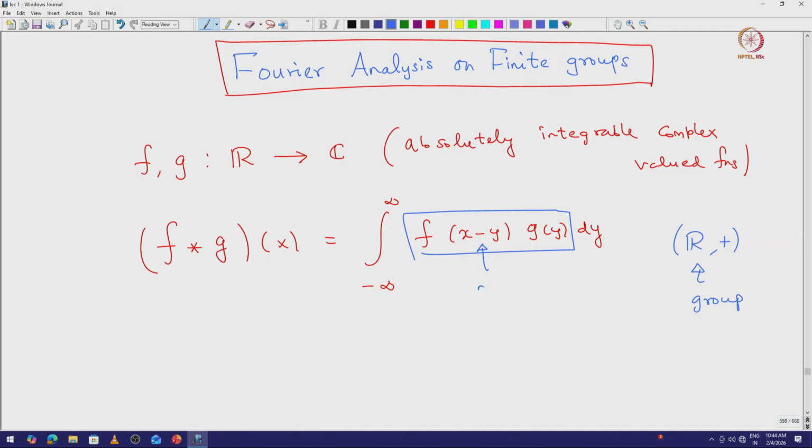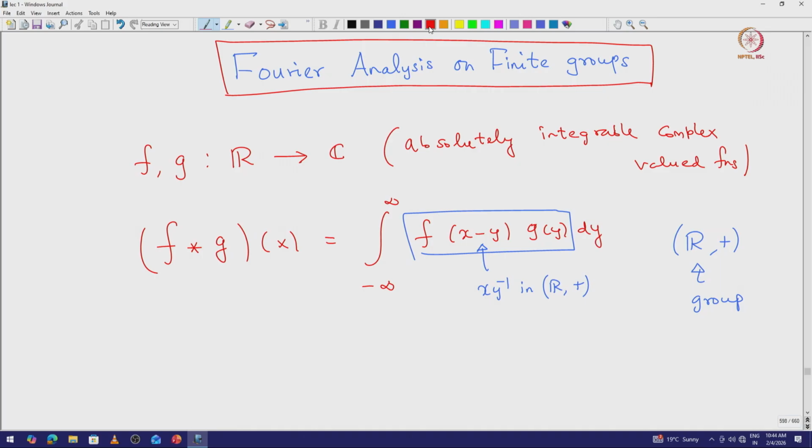Basically, this corresponds to x y inverse in R plus. This should be noted, because we will be writing a very similar formula for finite groups as well.